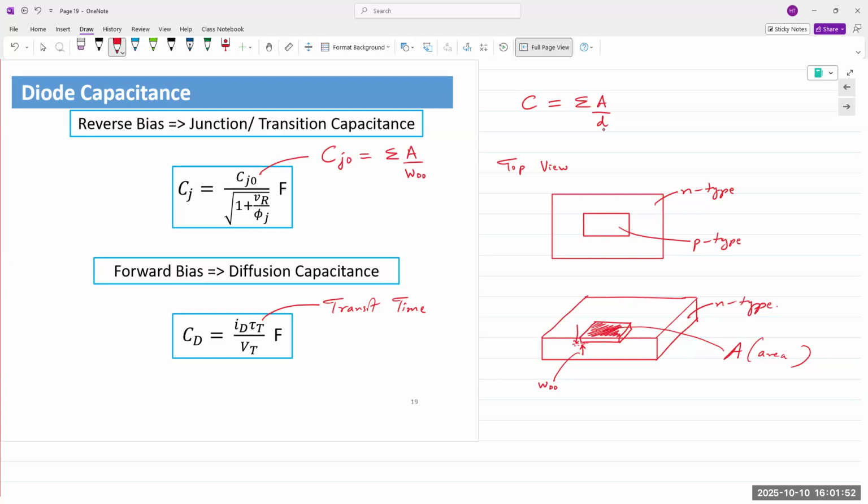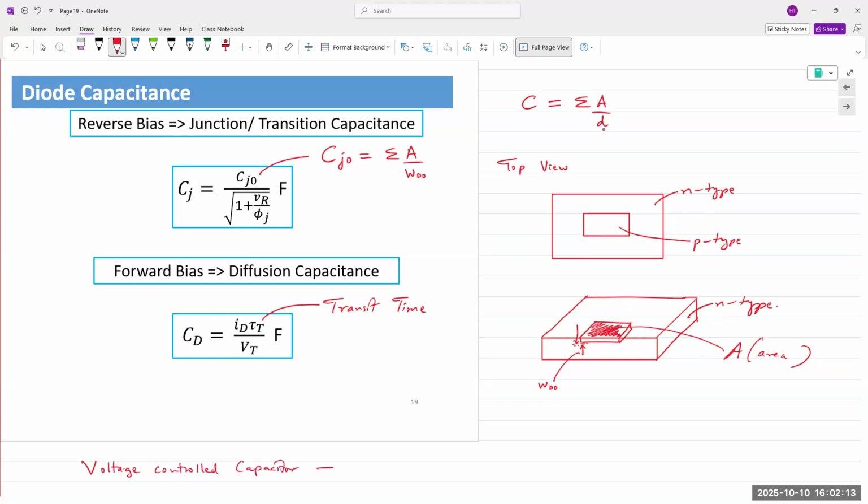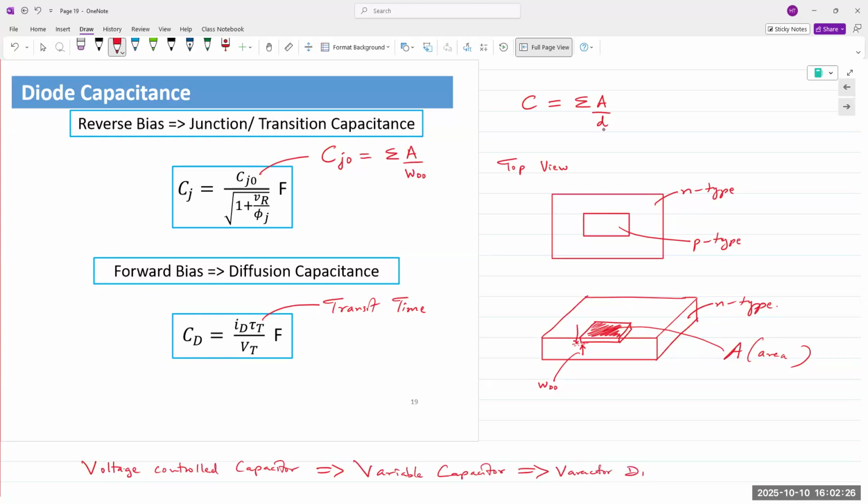There are diodes that are specifically manufactured so that we can use them as voltage controlled capacitors, hence variable capacitors, hence the term varactor diodes.